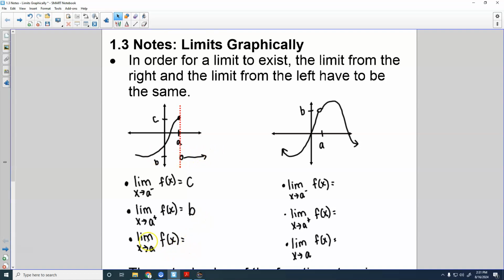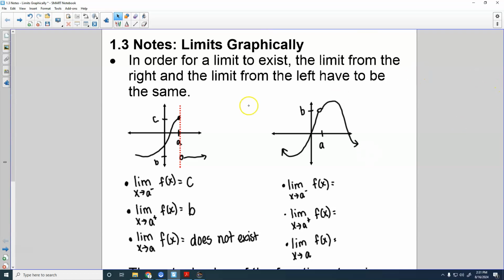Okay, so what is our limit as x approaches a of f of x? Does not exist. Since your limit from the left and the limit from the right do not go to the same place, that limit does not exist.